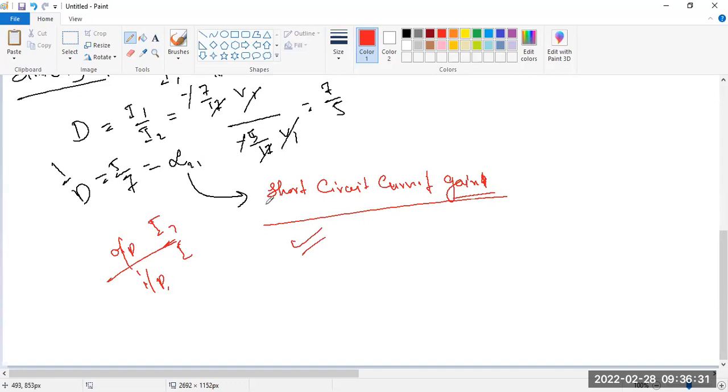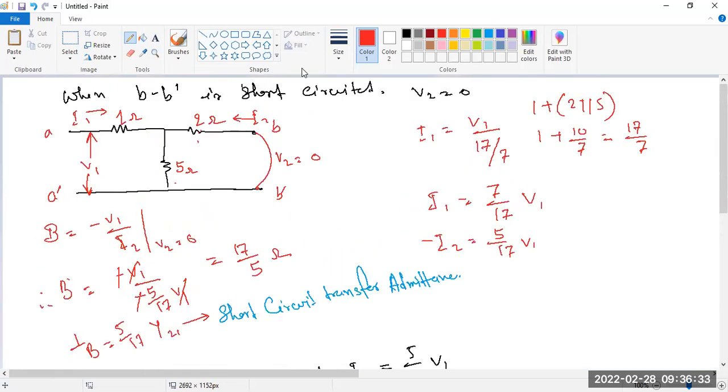Okay, ABCD parameter is over for today, and if you have any question, then ask me. Sir, how did we calculate the minus I2? Minus I2, because look, I2 direction is here.